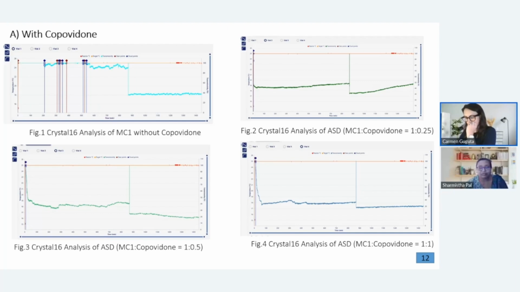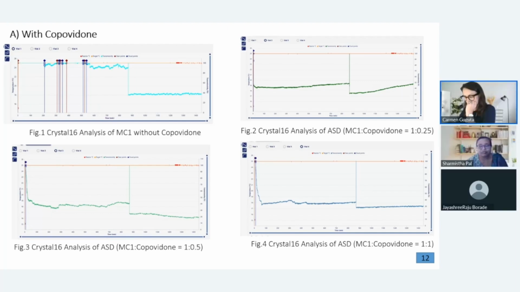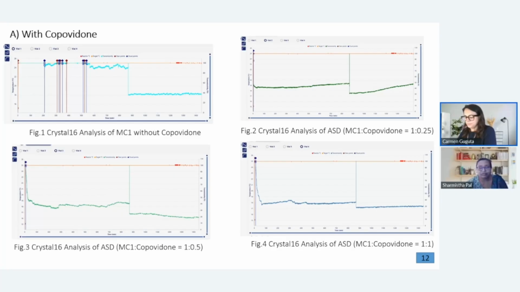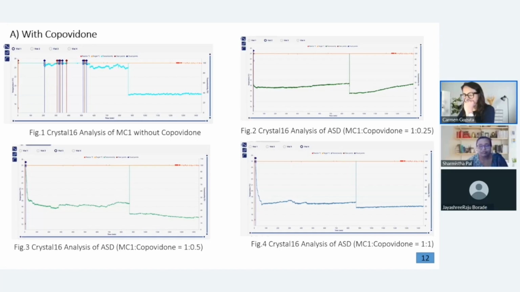Basically, these are the real-time transmission profiles obtained by the Crystal16, starting from 0 polymer concentration and progressing to 1:0.25 API to copovidone concentration, up to 1:9. So just move to the next slide.